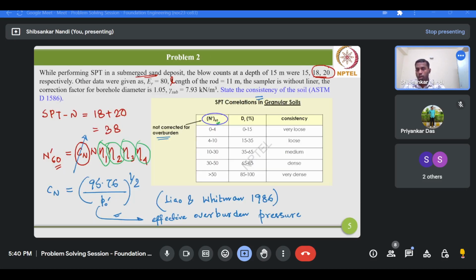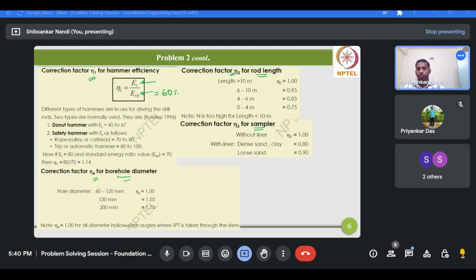But for this problem, it's directly given to you, so it's 80%. Therefore you can easily calculate the hammer efficiency correction factor. Here I am calculating, so 80 divided by 60, that means 4 by 3, so 1.33. So this will be the hammer efficiency correction factor.